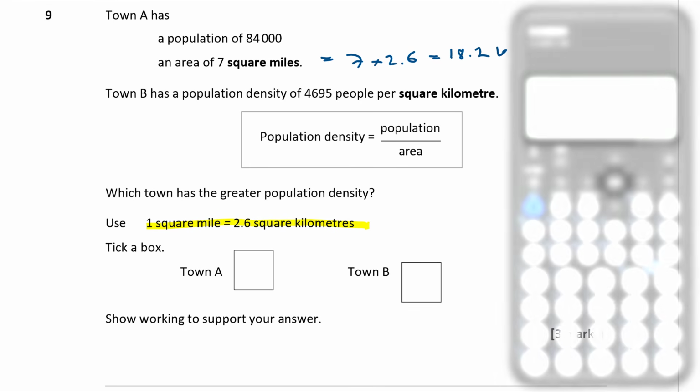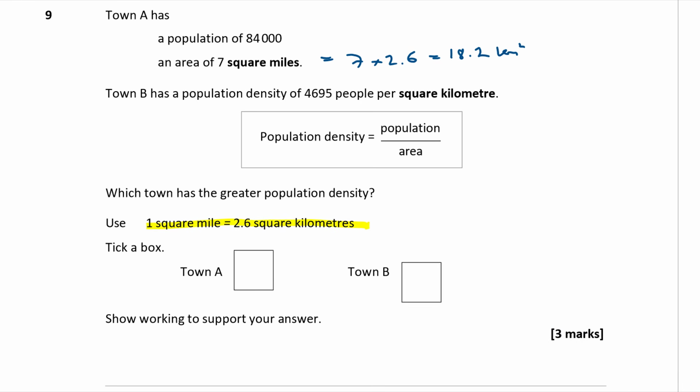square kilometres. Okay, so now I know what the area is in square kilometres, I can now work out the population in people per square kilometre by saying town A population density then is going to be the population, 84,000, divided by the area in square kilometres.